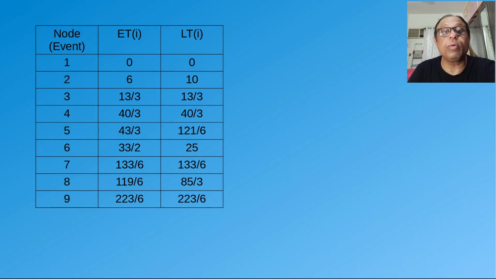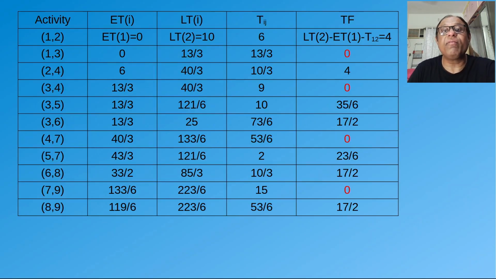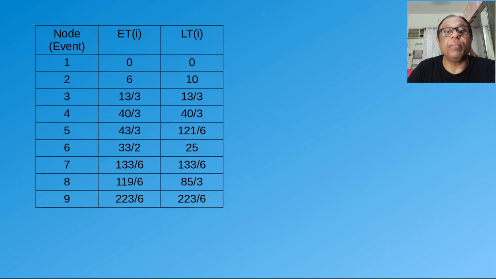So how do we go about it? We go about it by finding the late time, that is LT. Now, what is late time? Late event time is the time you calculate in a backwards fashion. We know that the early event time to reach node 9 is 223 by 6.